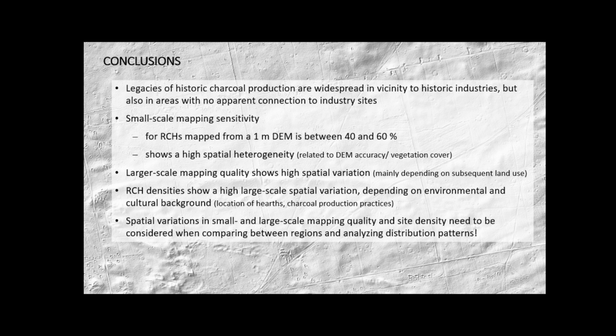We also have heterogeneity of mapping quality on the larger scale, mainly related to surface disturbances by subsequent land use, which we have to somehow capture from background information and keep in mind.